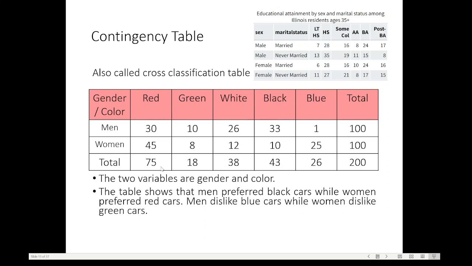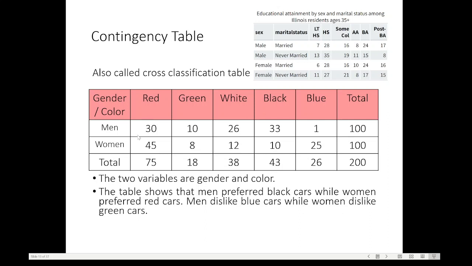And then the numbers inside the cells here, the number inside the cell 30, 10, 26, represents the joint frequency between the two variables. For example, in this case, the first 30 here means there are 30 men who prefer red cars.